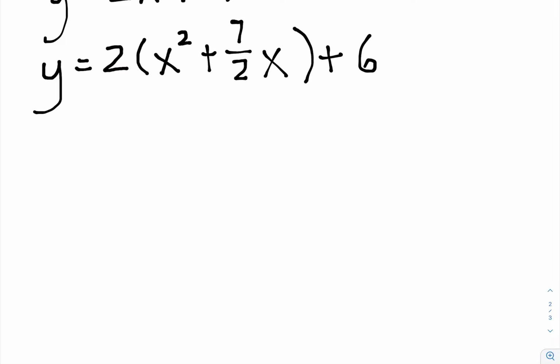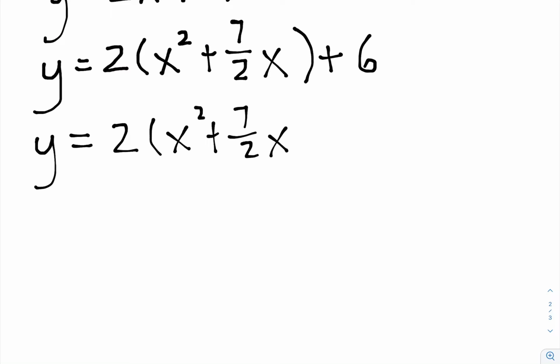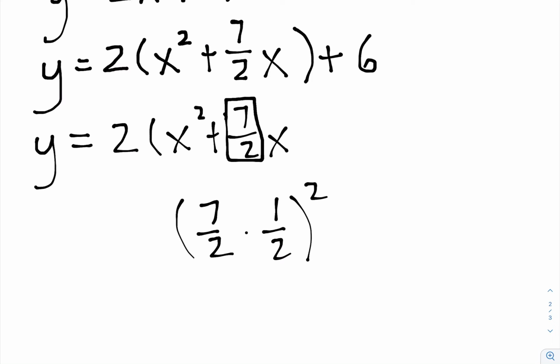Okay, so remember from the last question here, we had that 2 factored out, x squared plus 7 over 2x. And remember, we take the b value of the inside second term, divide it by 2, right? So that's like multiplying by a half, and we're squaring it.